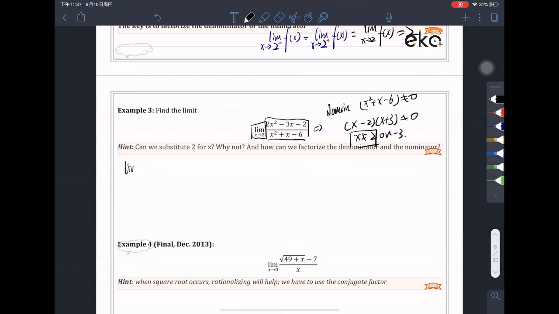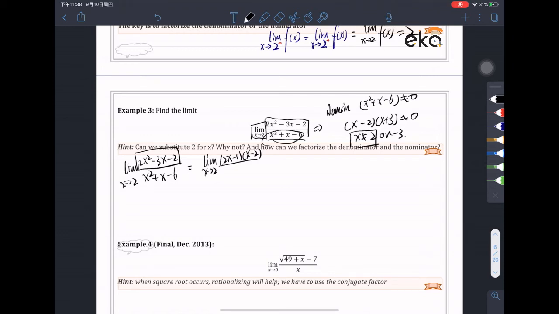Okay, so let's write the limit of 2x squared minus 3x minus 2 over x squared plus x minus 6, x approaching 2, equals the limit as x approaches 2. 2x squared minus 3x minus 2 can be written as (2x plus 1)(x minus 2).